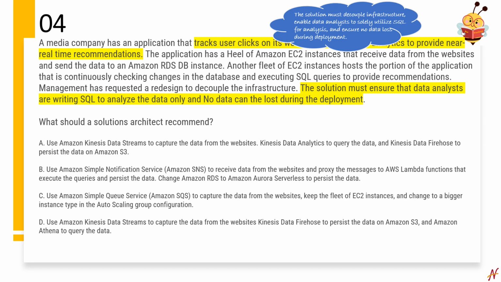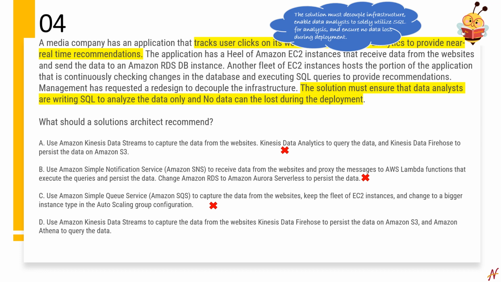And option C: use Amazon Simple Queue Service, Amazon SQS, to capture the data from the websites, keep the fleet of EC2 instances, and change to a bigger instance type in the Auto Scaling group configuration. In both B and C, there is no provision to handle the real-time data, right? And that is why they should be kept off. So options first, second, and third, we are not going to choose.